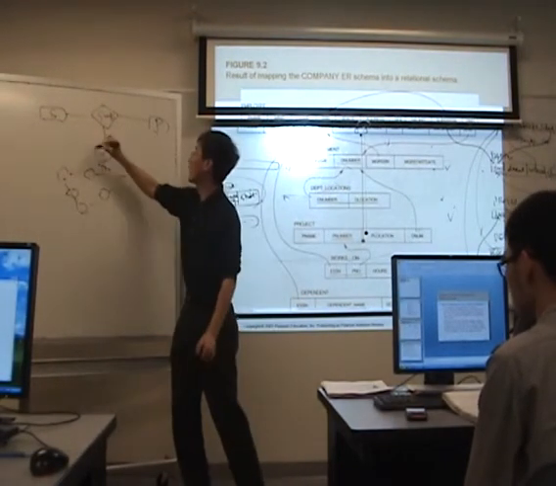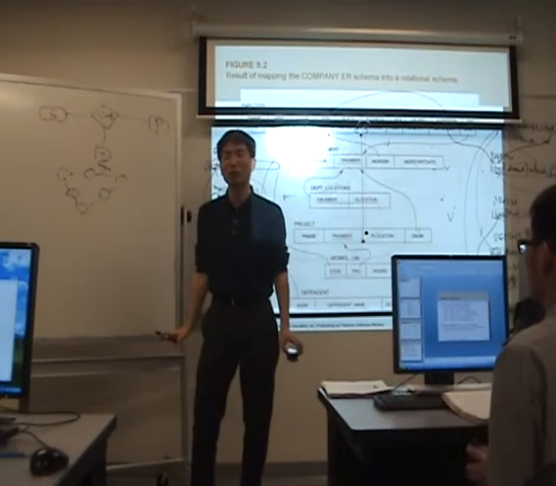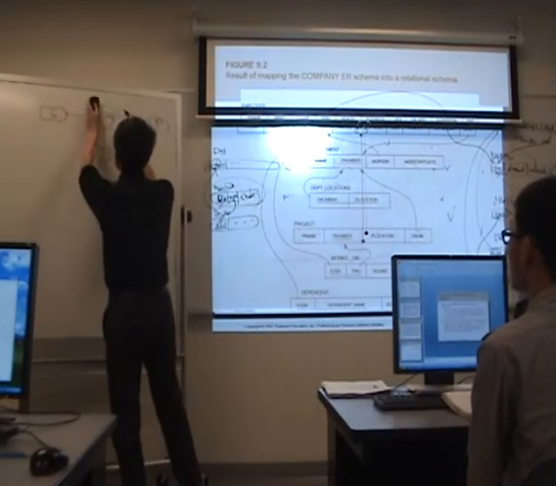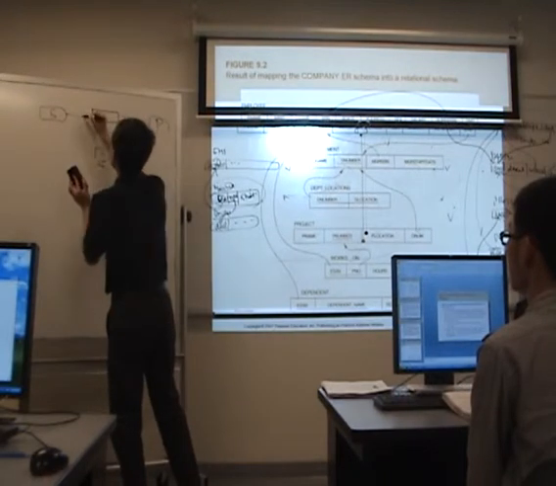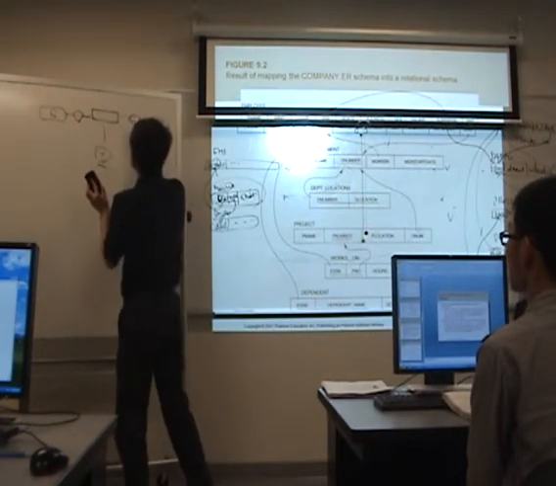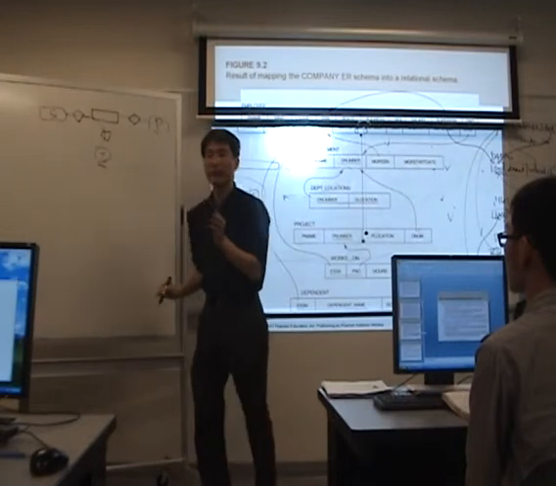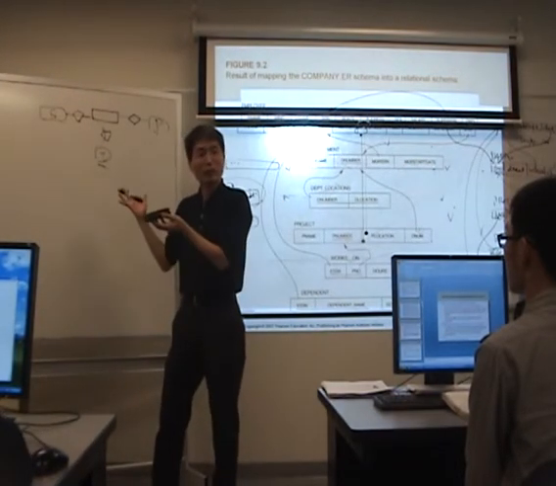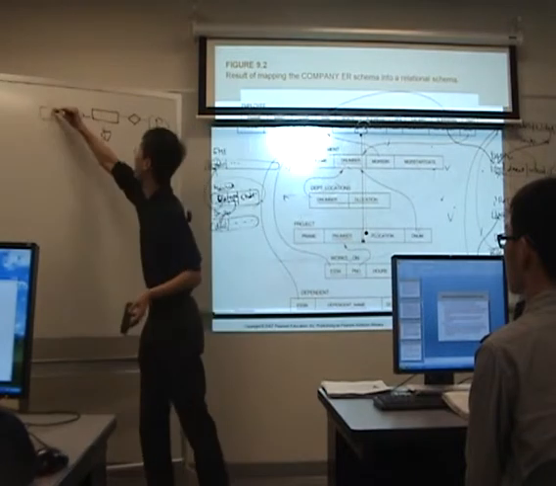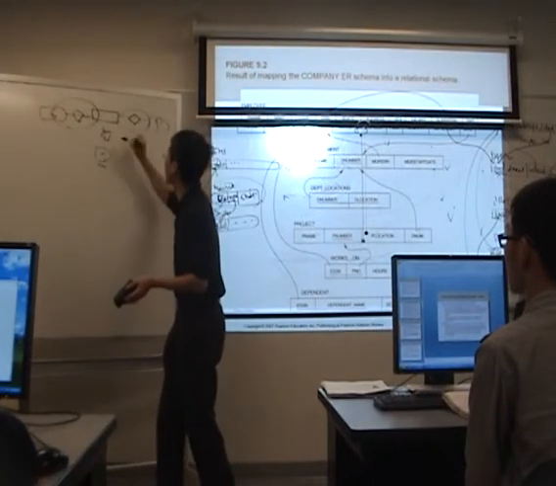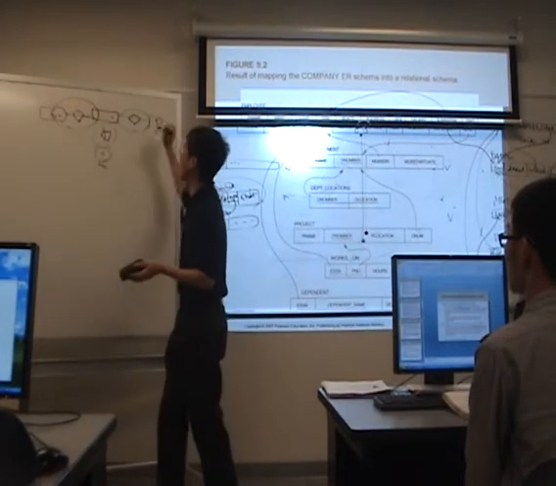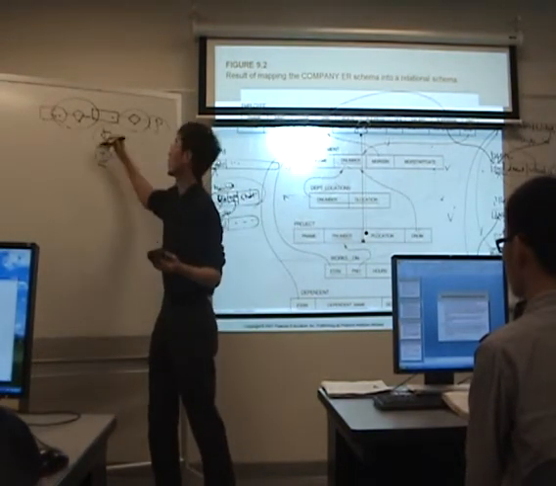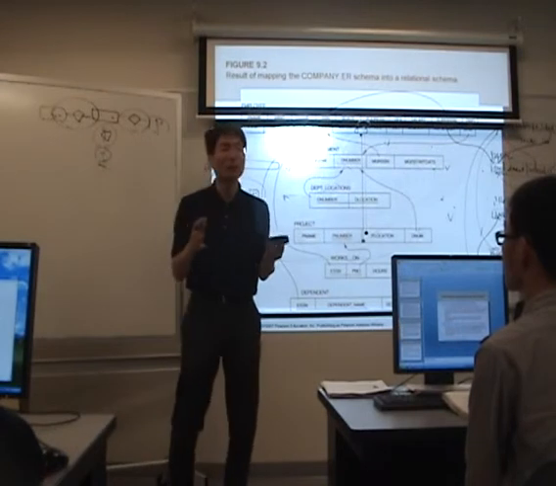However, there is no way to represent this one directly, so this one can be converted into this. Right? Then no problem to convert this into the relational model. This one is one to many, one to many, one to many, in each relation. That's it. So we are going to use this technique to convert an N-ary relationship.